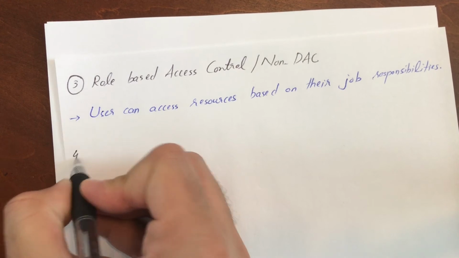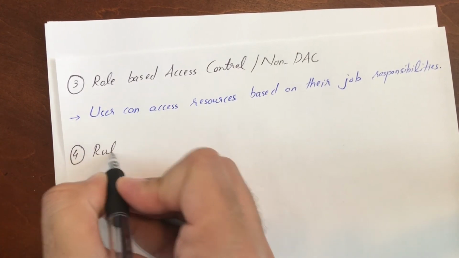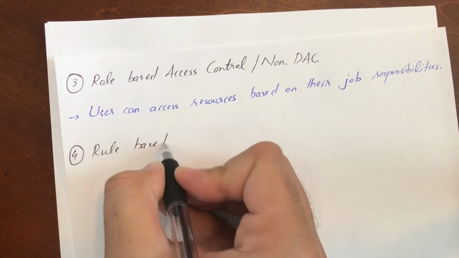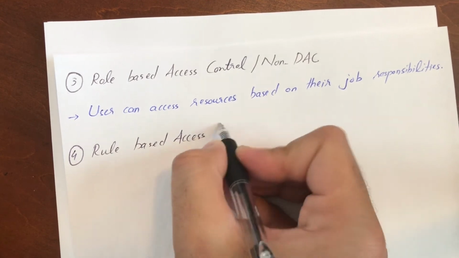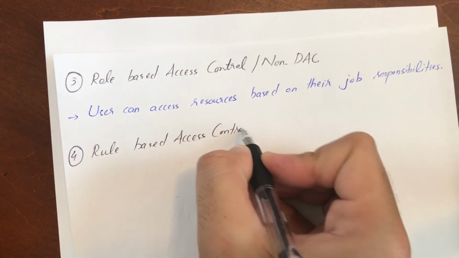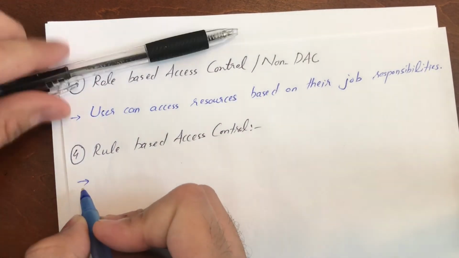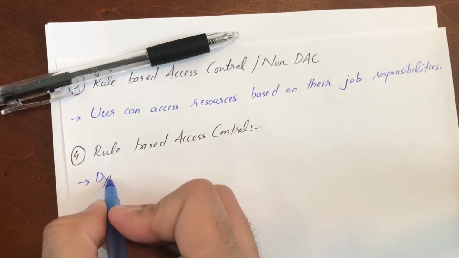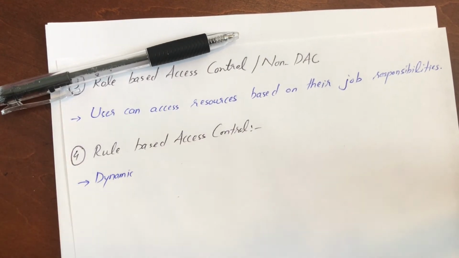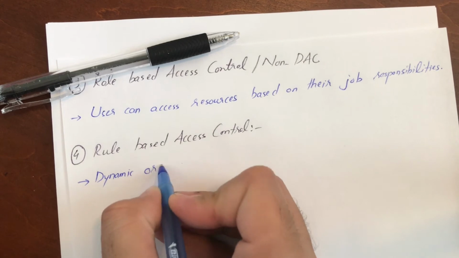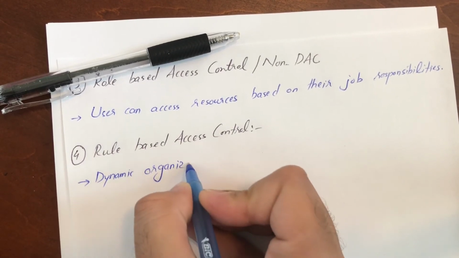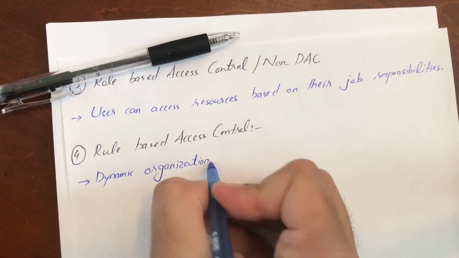Next, the last one, is called rule-based access control model. As I mentioned, it is also known as attribute-based access control model. Rule-based access control model is usually used in dynamic organizations. Dynamic organization means where things change very quickly.